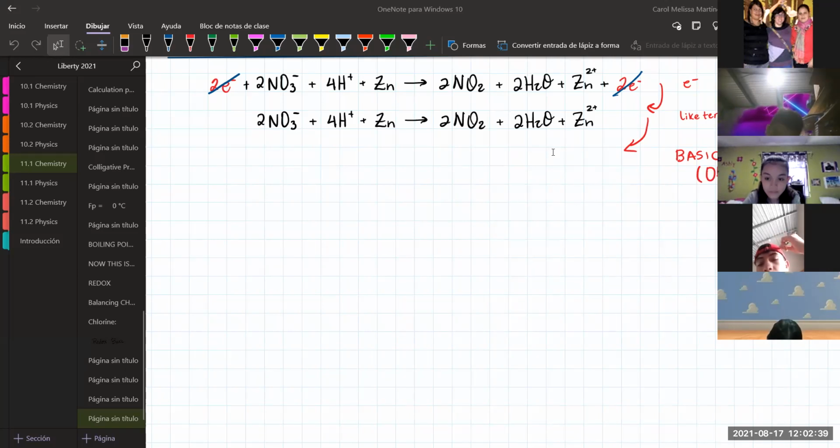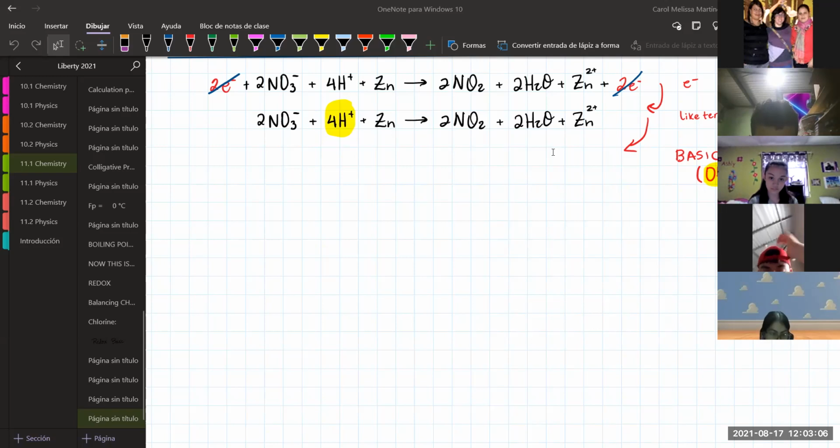Entonces, ¿cuánto y dónde? We're going to add OH de acuerdo a los niveles de H plus que tenemos. Acuérdense que H plus es un indicador de acidez. ¿Ok? Y para neutralizar los ácidos nosotros añadimos OH. Entonces, nosotros queremos neutralizar la acidez that is located in here, H plus.